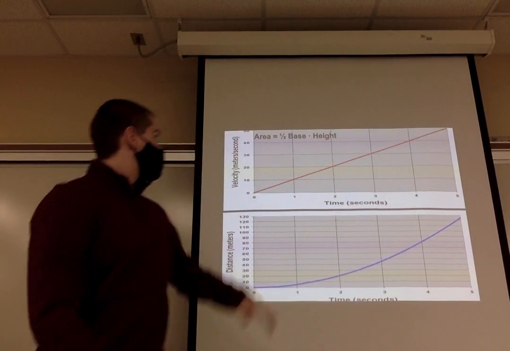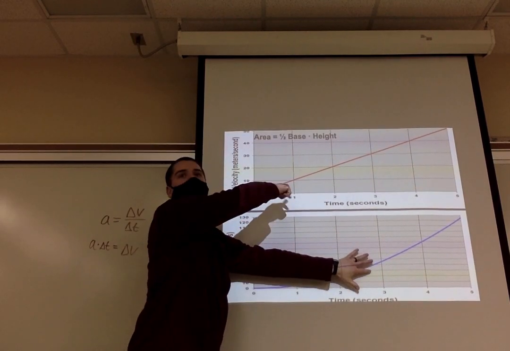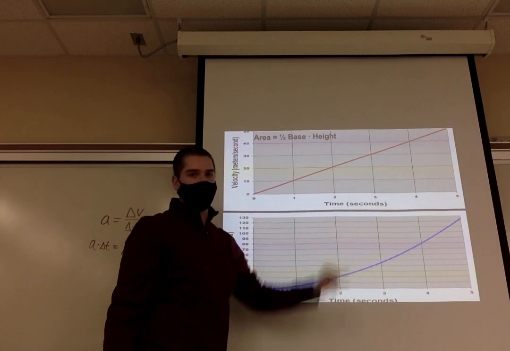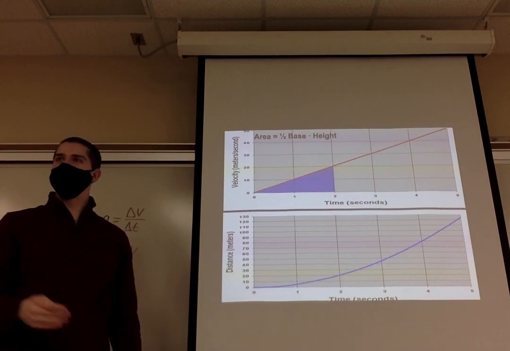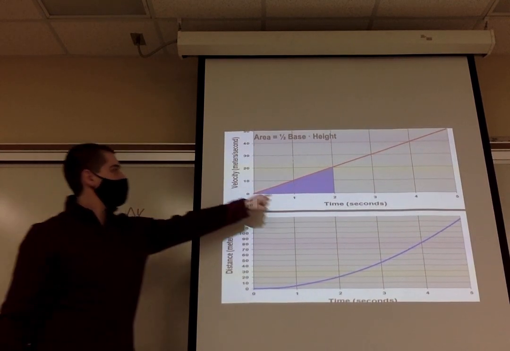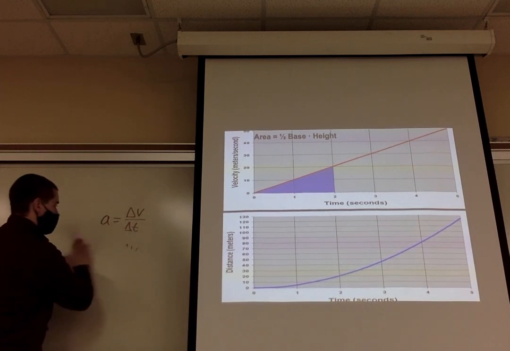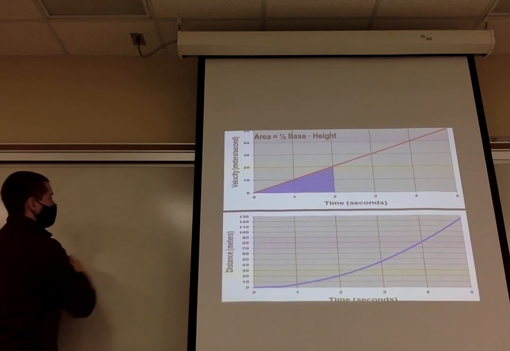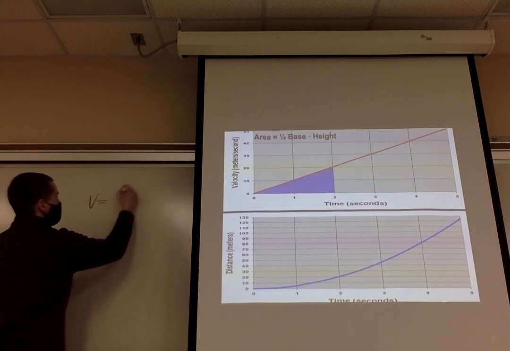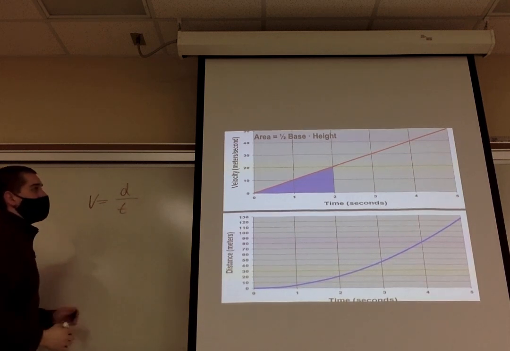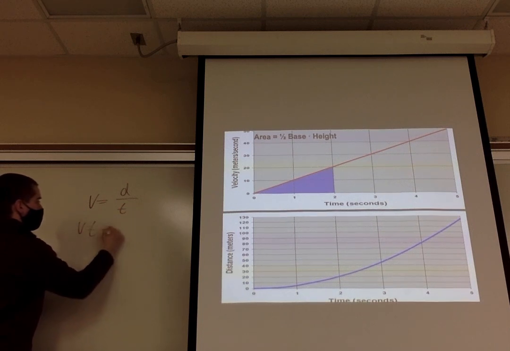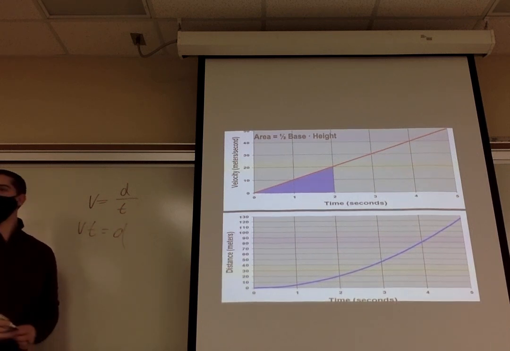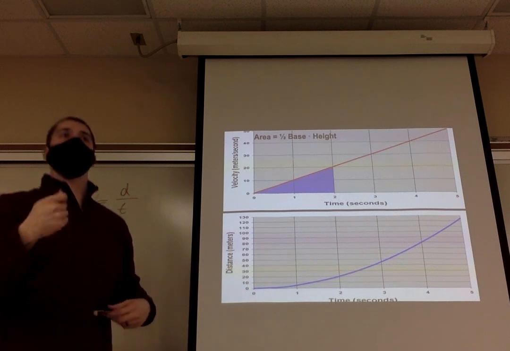You do know. If you take speed over time, speed is distance over time. If I multiply speed by time, guess what? You get distance. We call that displacement. The area right here is the total displacement from this point to this point.